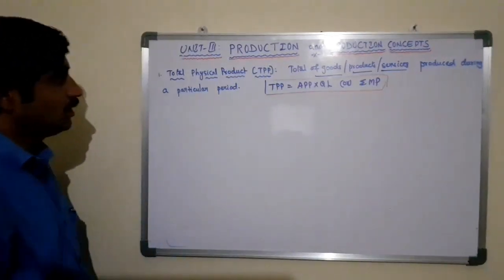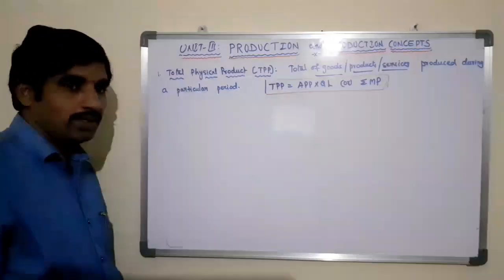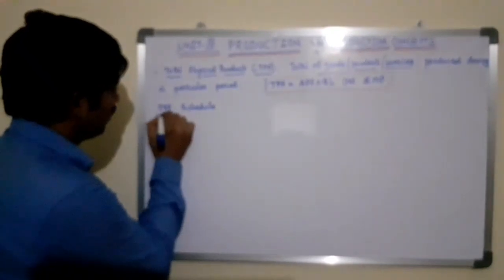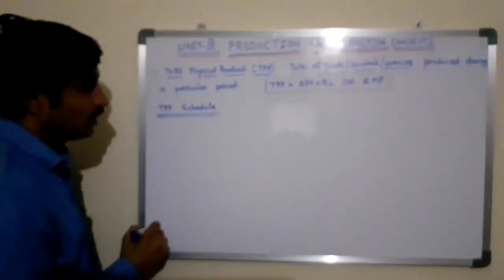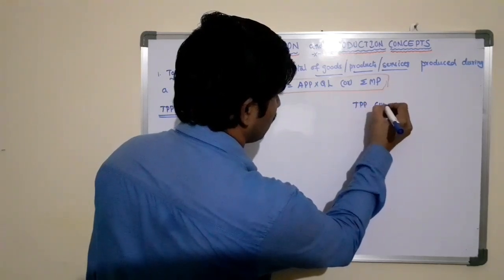Now let us explain the total physical product using the schedule and the graph, called the total physical product schedule and the total physical product curve.